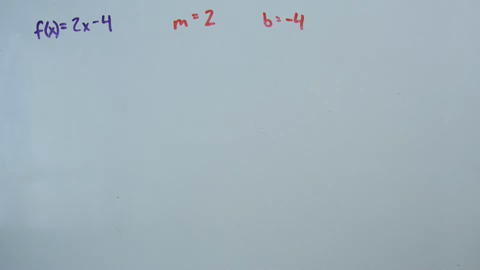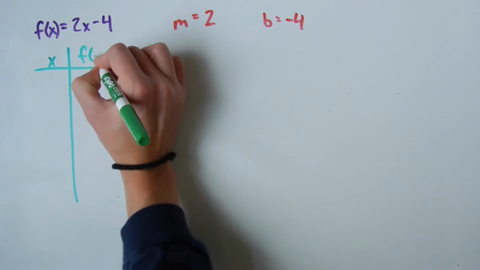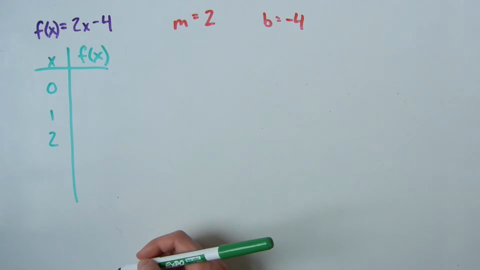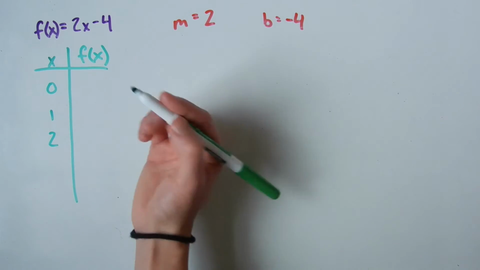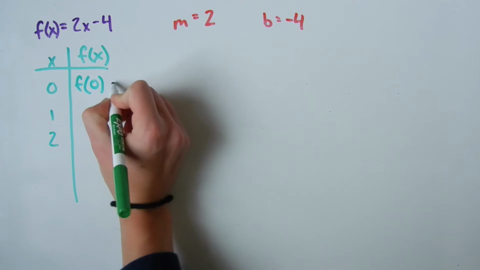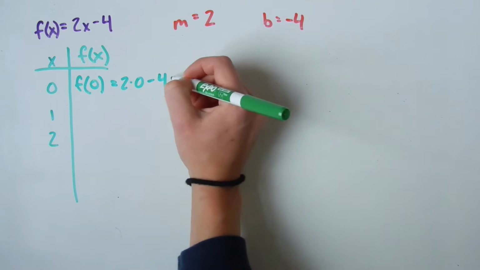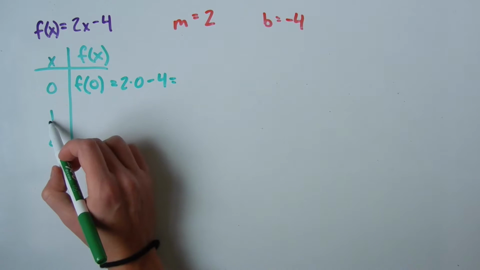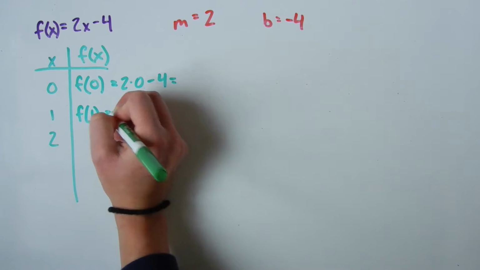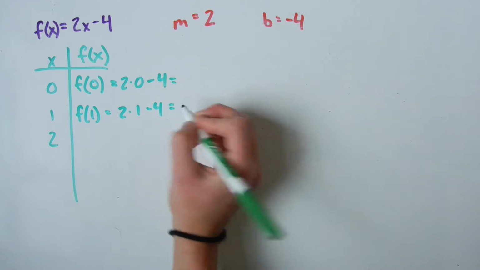Let's go ahead and do a t-table and then graph this. We're going to use the values 0, 1, and 2 for x. So when x is 0, f of 0 is equal to 2 times 0 minus 4. When x is 1, f of 1 is equal to 2 times 1 minus 4.